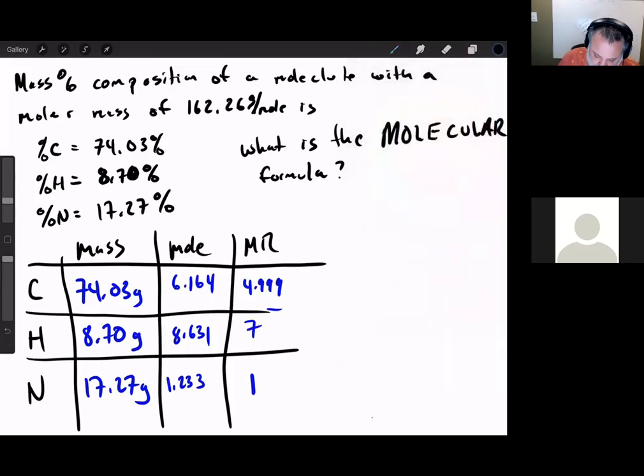The empirical formula is C5H7, O. Sorry, not O, N. So then let's figure out the molar mass of this empirical formula. What's the molar mass of the empirical formula?